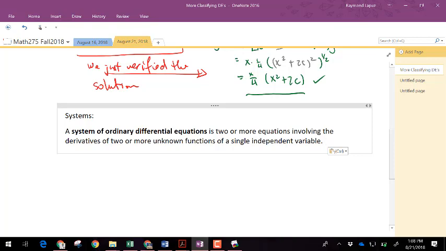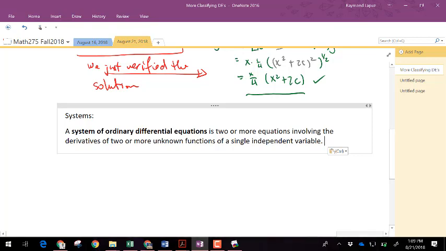And so I generally don't get to this topic in the class, but we'll see if we can try to get to that topic. It does require some linear algebra stuff that you may or may not know, but we'll see if we get to do any systems of differential equations.